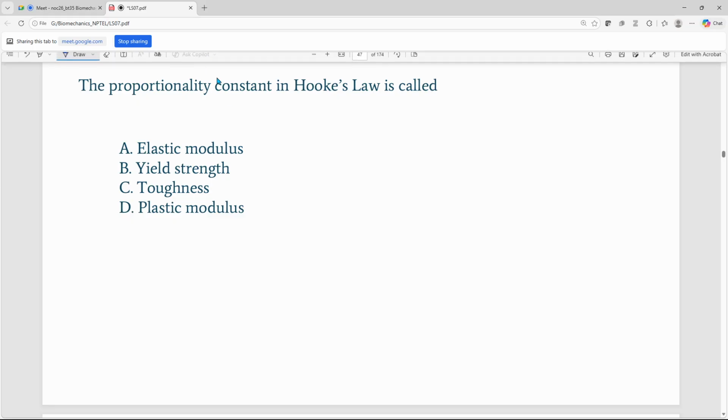The proportionality constant in Hooke's law is called. It's a simple question. What is the proportionality constant used in Hooke's law? Options are option A, elastic modulus, option B, yield strength, option C, toughness, option D, plastic modulus.